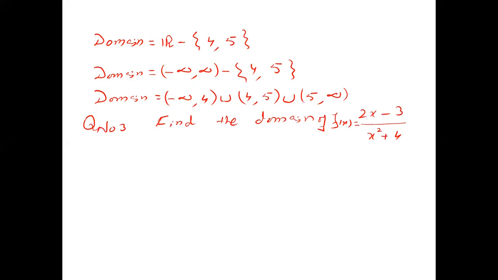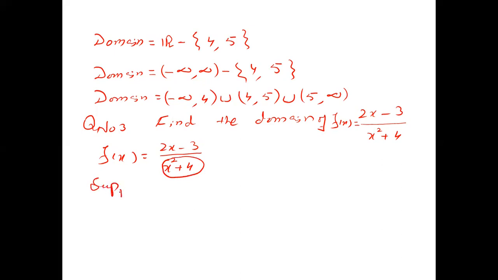Domain of. Okay. So take, boys, f(x) equal 2x minus 3, dividing it by quadratic expression x square plus 4. In every question, we have to suppose this value should not be equal to 0.